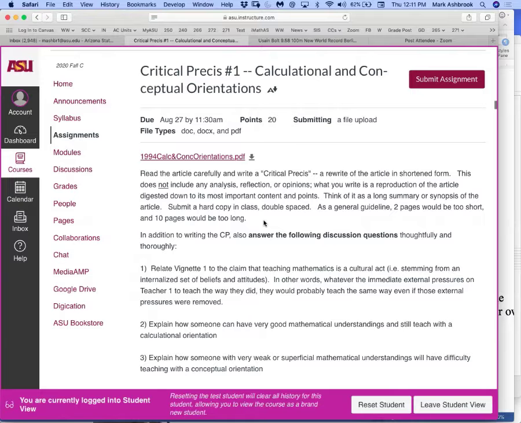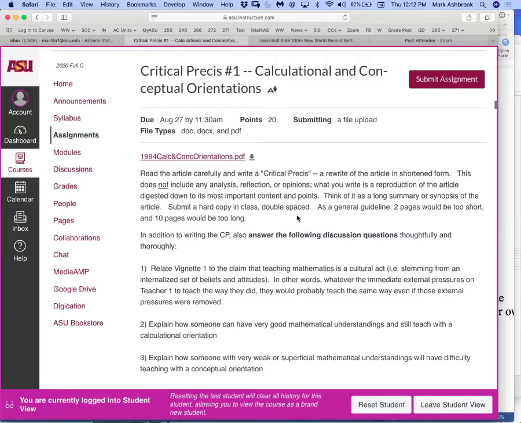So the longer the article is, the longer the précis will be. So it's not always 2 pages or something like this, right? If you have a very long article, then to summarize it well, it's going to take a longer critical précis. Okay. So think of it as a long summary or synopsis of the article.